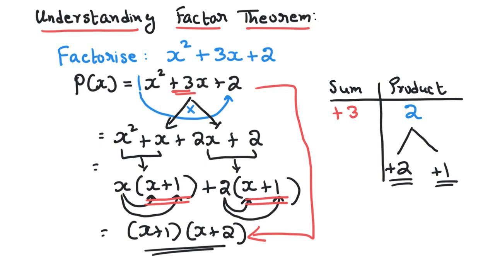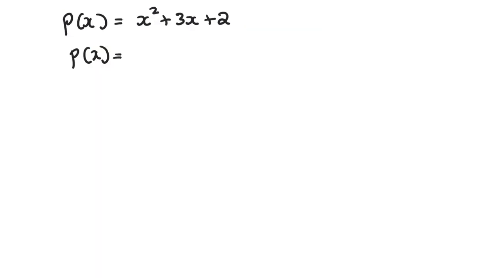Now let's draw some conclusions and observations from this. Okay, we have factored this polynomial x squared plus 3x plus 2, and the factors of this polynomial were x plus 1 times x plus 2, isn't it? Now observe. What should the value of x be so that this becomes 0? Can you think?